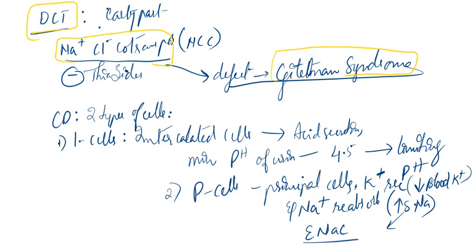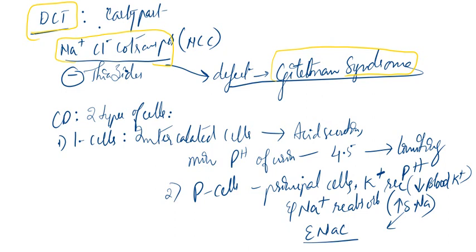Secretion means the potassium is getting into the urine, so obviously the blood potassium decreases.